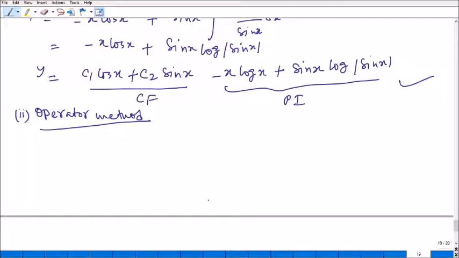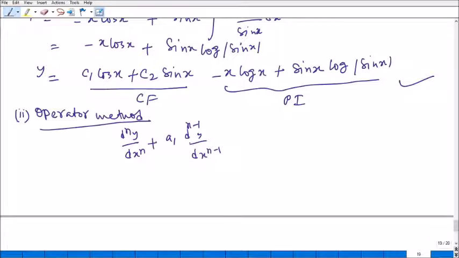So we can write the nth order non-homogeneous differential equation with constant coefficients as d^n y by dx^n plus a1 d^(n-1) y by dx^(n-1). This is the nth derivative of y.